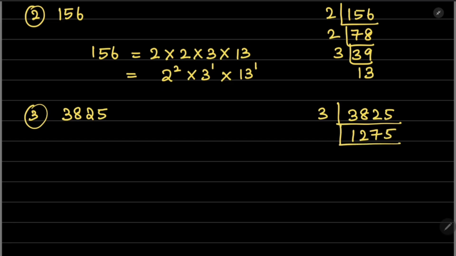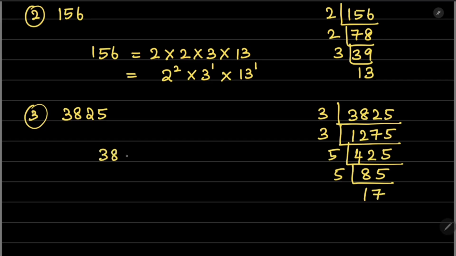And then again, let's try with 3. 3 fours are 12, 3 twos are 6, and then 3 fives are 15. So I'll try with 5, because it ends with 5. 5 eights are 40, 5 fives are 25. Again with 5, 5 ones are 5, 5 sevens are 35.